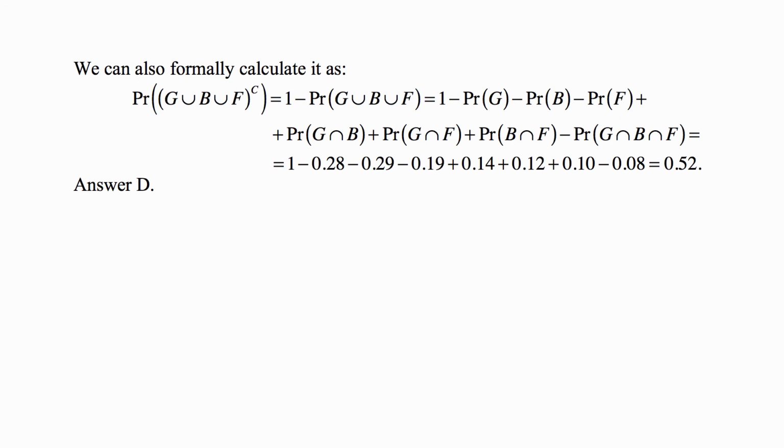So we get 1 minus the probabilities of individual events plus, because of the minus, the probabilities of intersections of 2, and minus the probability of intersection of 3. And we just plug in the numbers that are actually given in this problem, and we get the same answer.